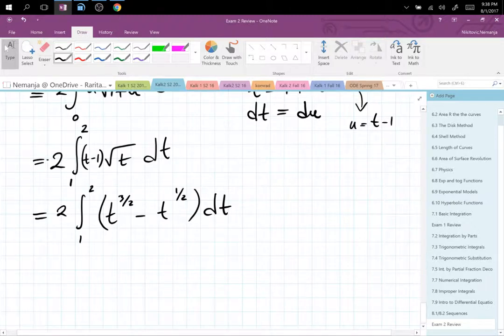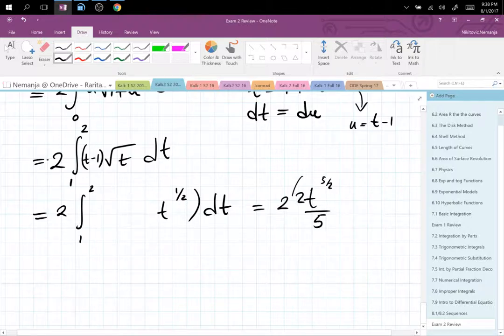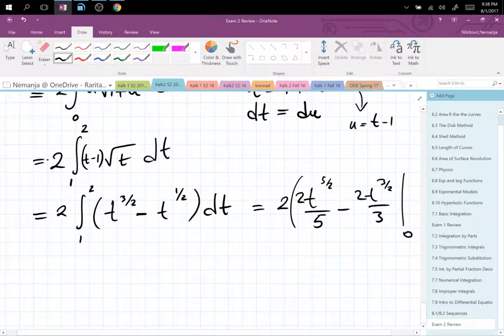Now observe that I kept changing limits along the way, so I don't have to go back to x through substitutions to figure this out, because we are technically done. This is 2 times t to the 5/2 over 5/2, minus t to the 3/2 over 3/2, from 1 to 2.